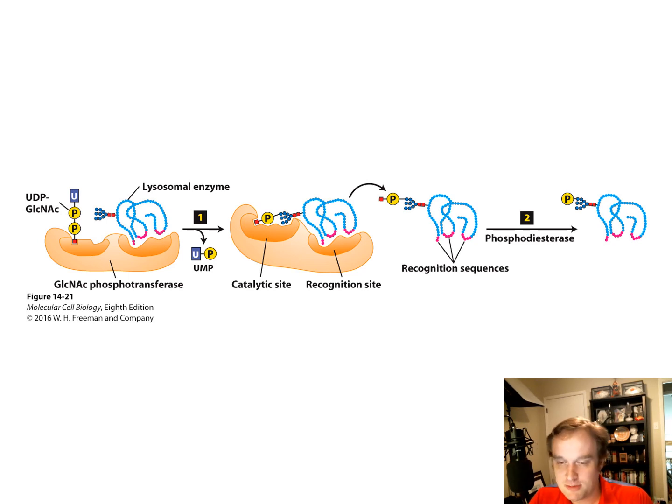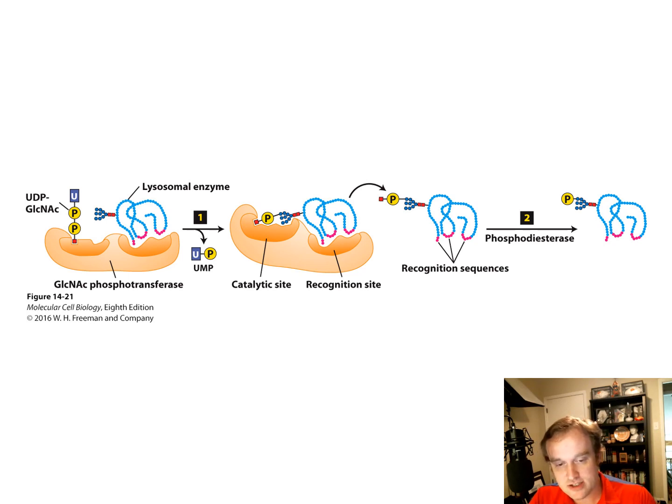So just like before with oligosaccharides, we add an oligosaccharide tag that tells us how to get there. And so the way that this works is for enzymes going to the lysosome, soluble enzymes, so ones that aren't in the membrane, we tag them with mannose 6-phosphate.